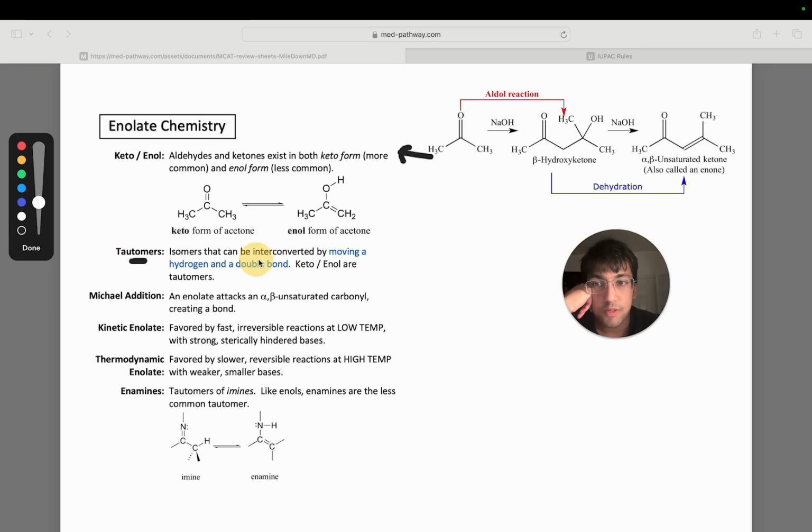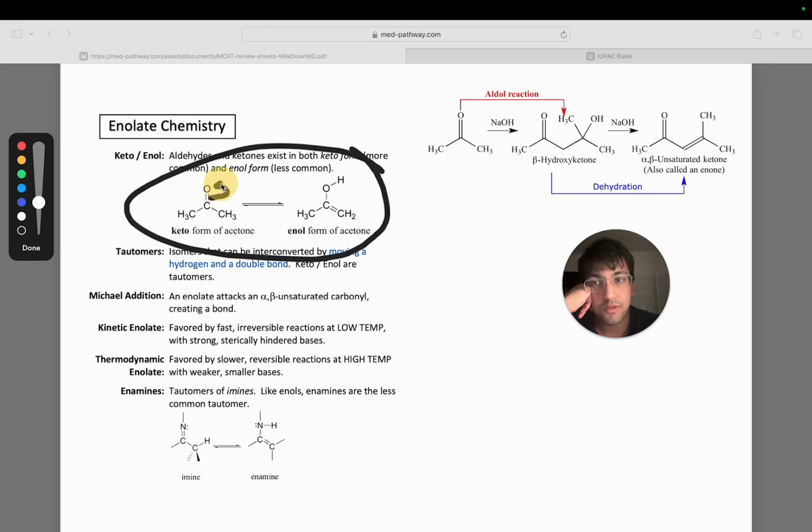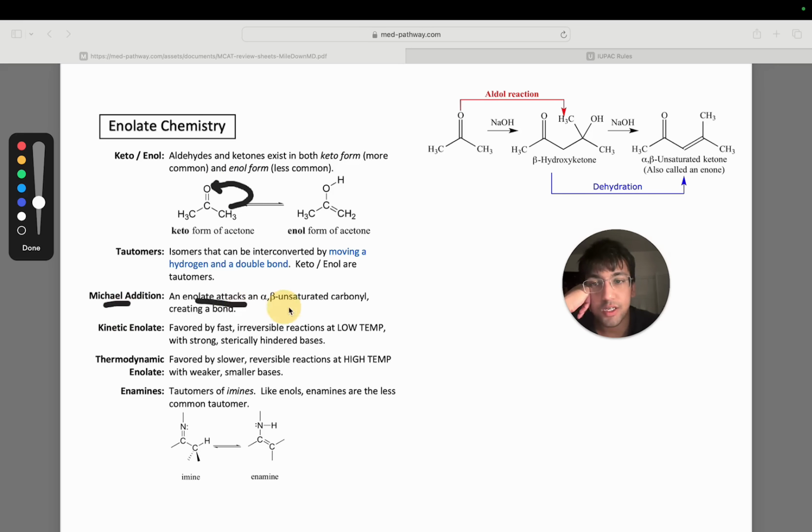All right, now we have tautomers. Tautomers are isomers that can be interconverted by moving a hydrogen and a double bond. So this is basically a tautomer because you're moving this electron and then you're moving a hydrogen from here to here. All right. And then you have Michael addition. Michael addition is when an enolate attacks an alpha-beta unsaturated carbonyl, generating a bond.